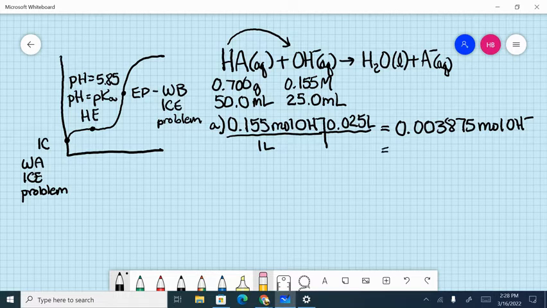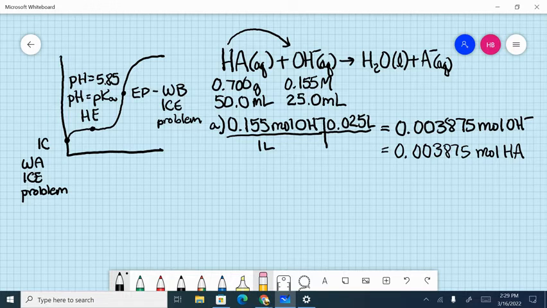So if 1 mole of acid takes 1 mole of OH minus, then 0.003875 moles of OH minus takes 0.003875 moles of HA. So that's how many moles of HA I have in my container.